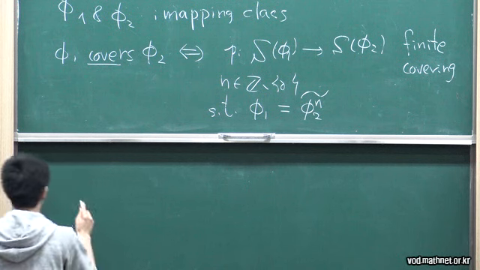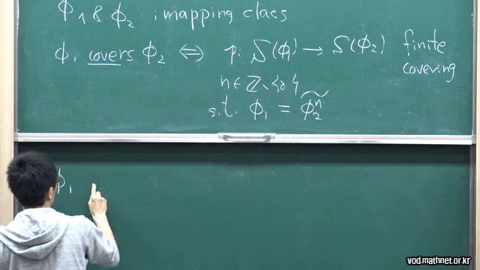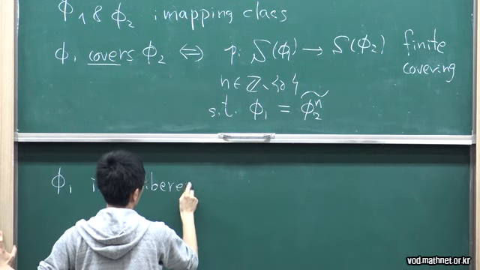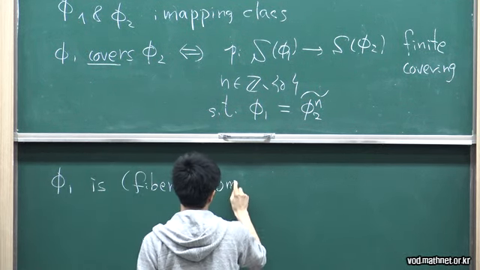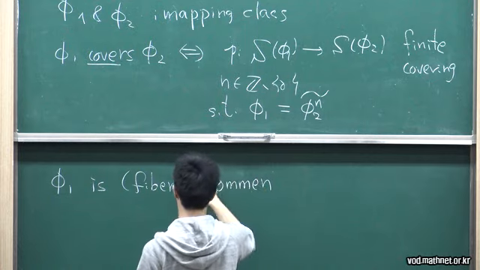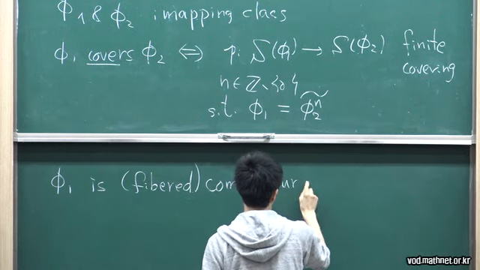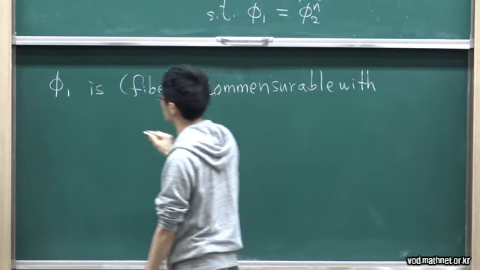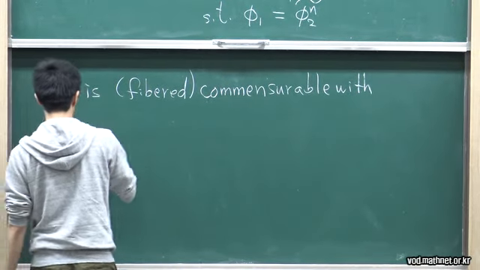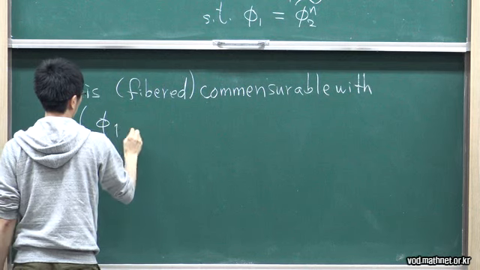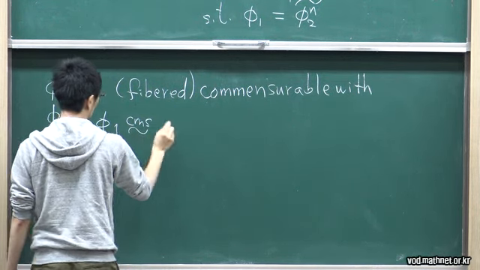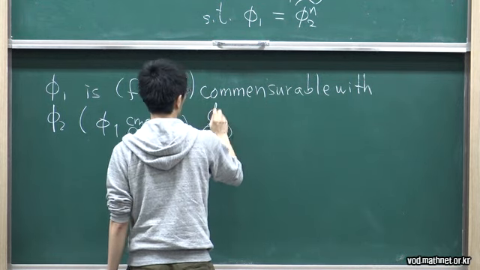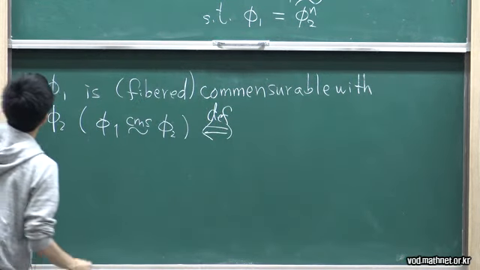Phi_1 is fibered commensurable with phi_2. I will denote it by phi_1 CMS phi_2.